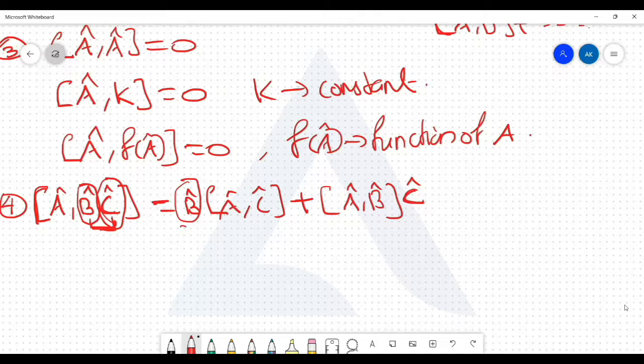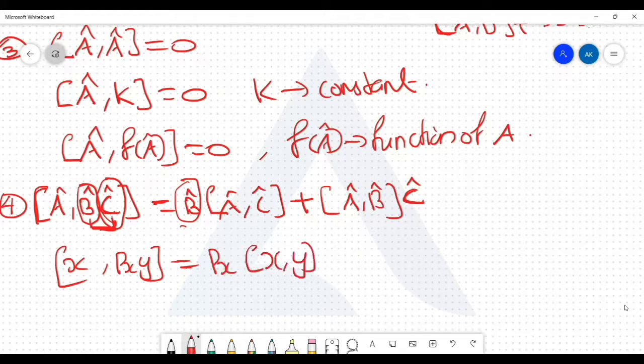You should follow this. Suppose you have x px y, something like this. Then you should put px with the commutator of x with y, plus x with the commutator of px with y.